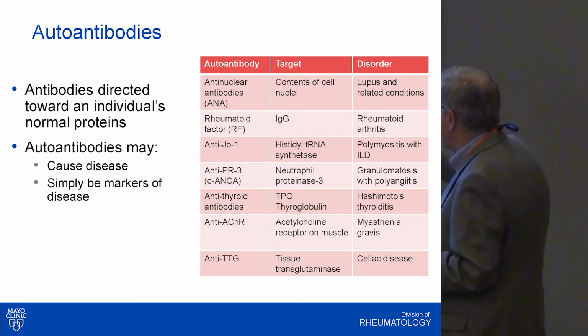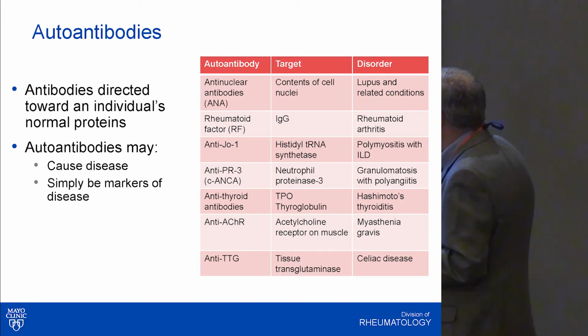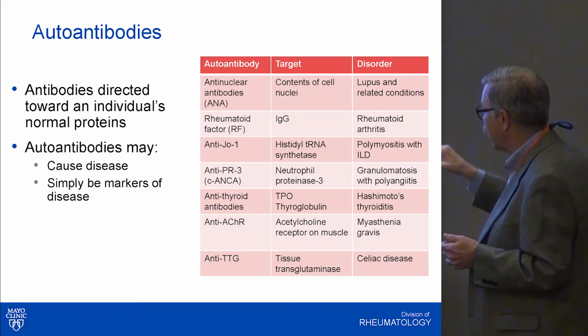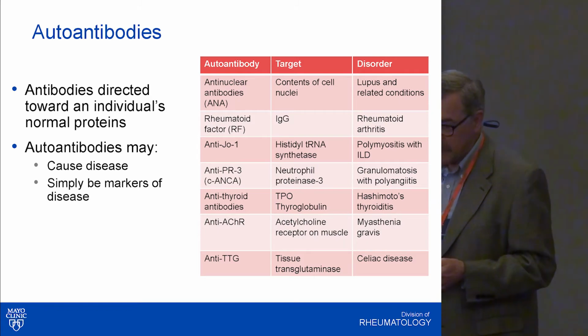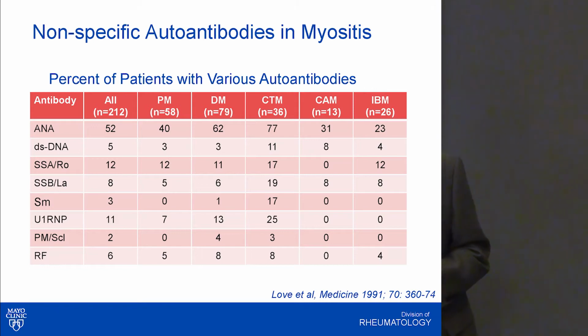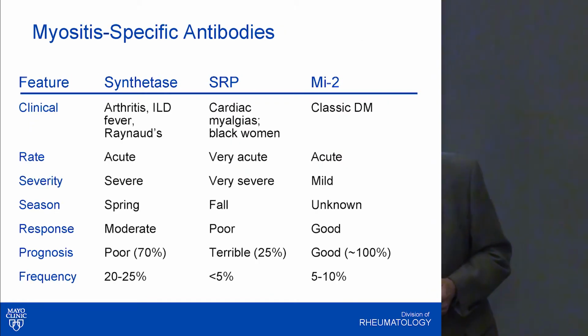What I've shown on the right is that there are a lot of defined antibodies in different conditions. There are some with lupus, rheumatoid arthritis, this JO1 with polymyositis, some with vasculitis, thyroid disease, and patients with celiac disease develop autoantibodies as well. There are some non-specific antibodies. I'll skip those. In the interest of time, let me do this.